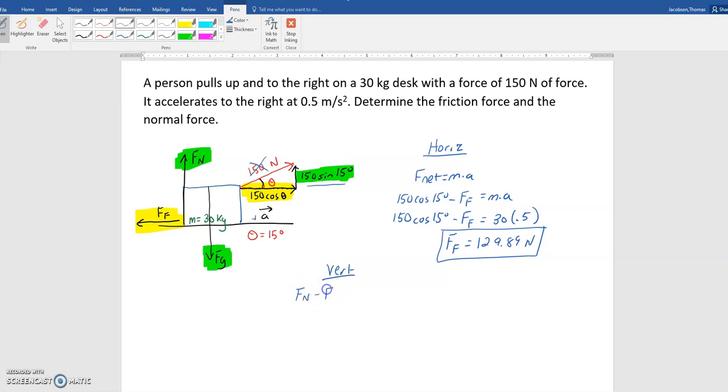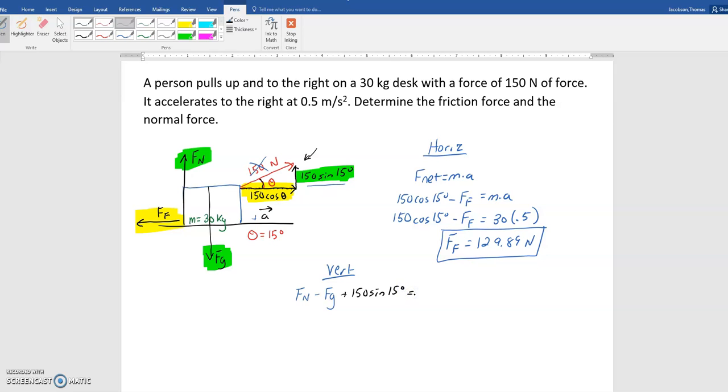So I'll go Fn, and I subtract off g. But in this case, if we look right here that I highlighted in blue, this force is pointing upwards. It's pointing the same direction as Fn, which means that I actually have to make this a plus 150 sine of 15 degrees.